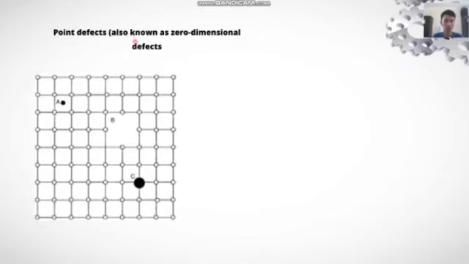Point defects, also known as zero-dimensional defects, occur at any lattice node with a vacancy or missing atom, an extra interstitial atom, or an impure atom. In this picture, points A, B, and C.